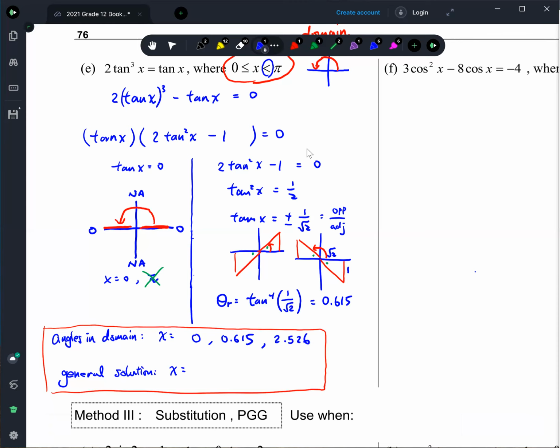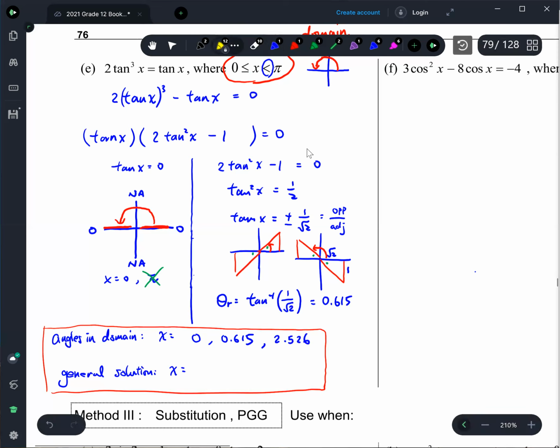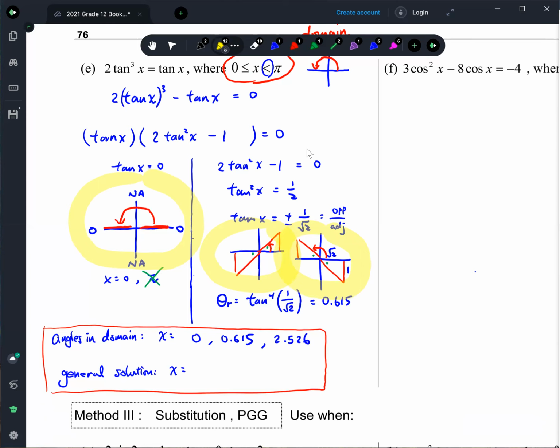Now think about how many general solutions we need. When you think about general solutions, you have to forget the domain. Forget about the angles in the domain. Look at the pictures, the 3 pictures that you drew, to think about how many general solutions we need.